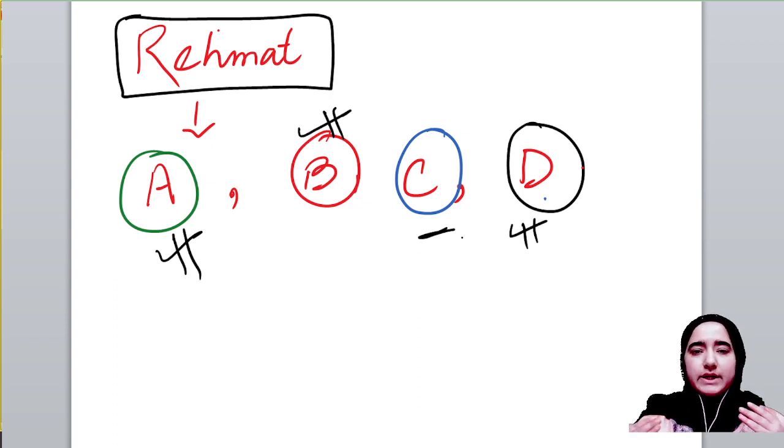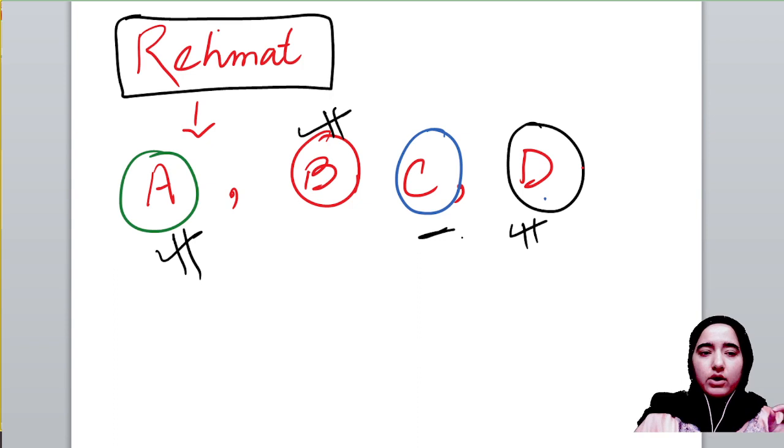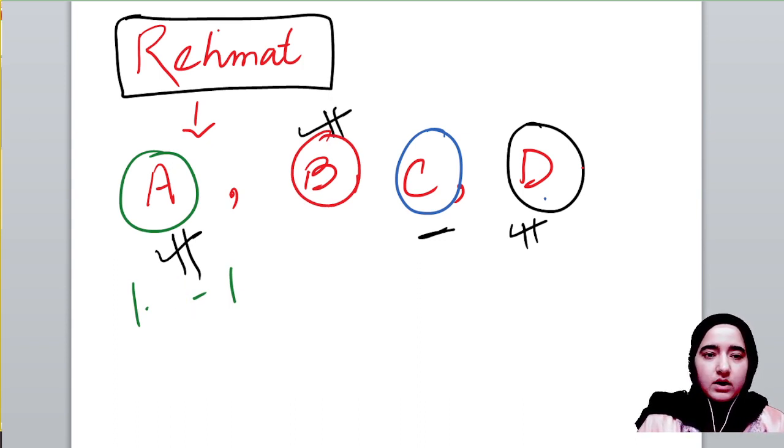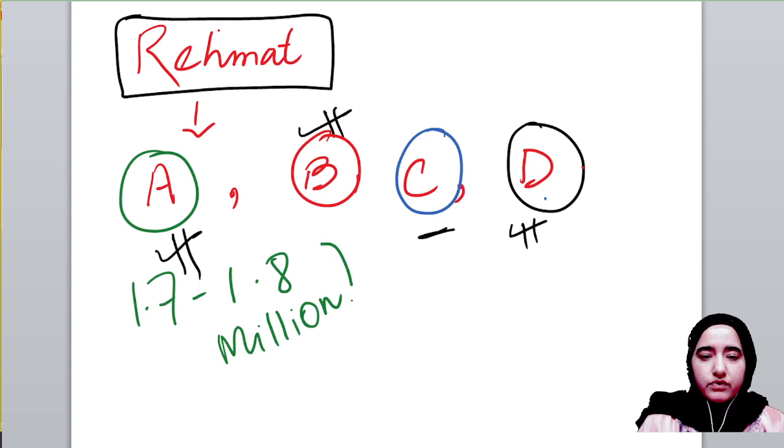What I actually meant to say here is, I already mentioned there are 1.7 to 1.8 million species known so far.